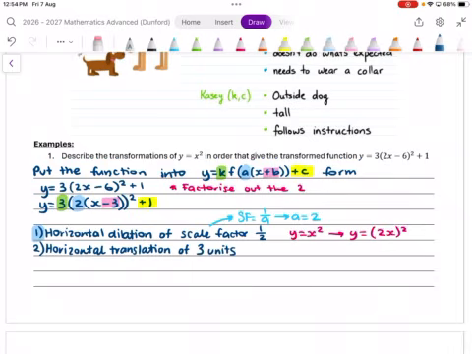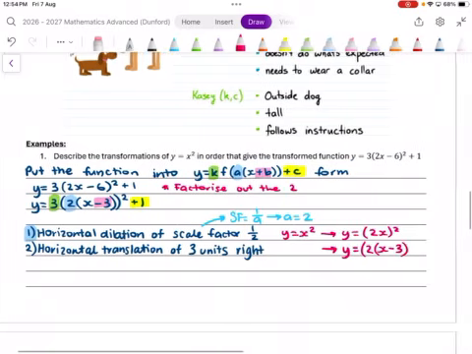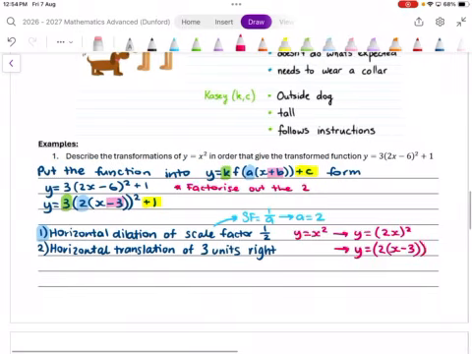So if we have a minus 3 there, are we going to the left or the right? We're going to the right. There's 3 units right. So that means we go to our function and it's now going to be y equals (2(x minus 3)) all squared. We just attach the x with a minus 3 in brackets there. Okay, so that's what's happening.